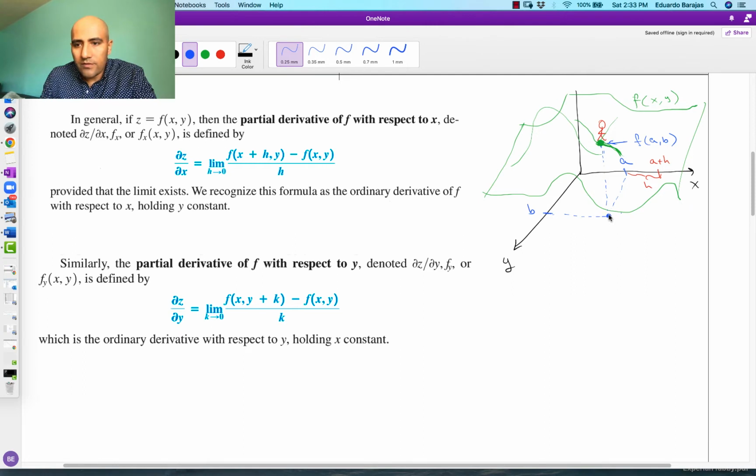Okay, so there'll be some values there, right? And so as h approaches 0, as h gets closer and closer to 0, there will be some corresponding point here that will get closer and closer to this point, right? The input value will get closer and closer to that one. And as that happens, the corresponding values along the function will get closer and closer.